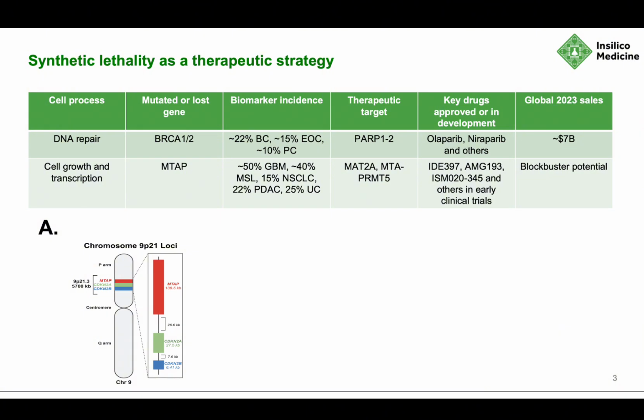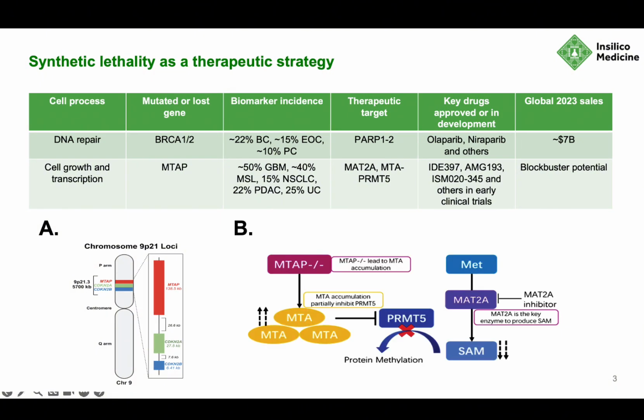On the positive side, there are standard laboratory techniques that could be used to detect this loss. So expensive diagnostic tests are not required. And there are actually two therapeutic strategies, as you mentioned, that are being tested in clinical trials. And that's shown on the right-hand side.